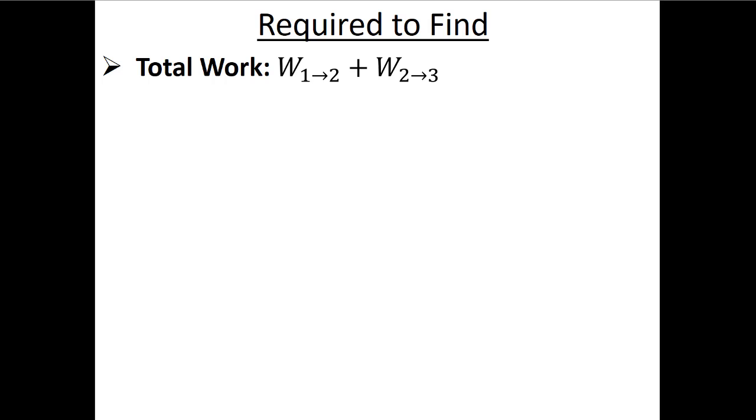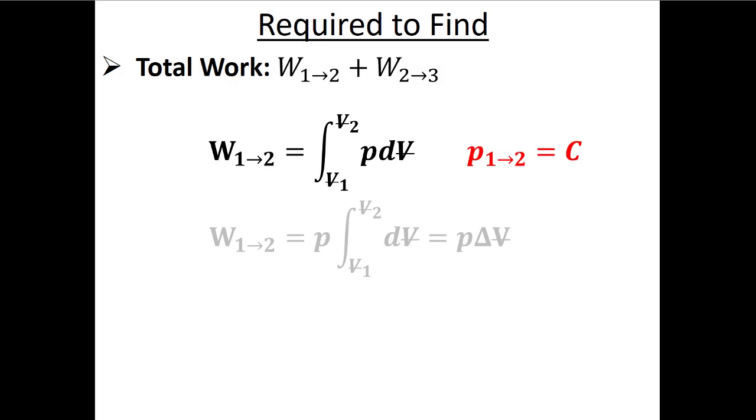So the first thing that it asked me to do is find the total work. So I know the total work is the sum of the work in the first process with the sum of the work in the second process. I know that to find work, I have to take the integral of P dV. In this case, it's the work from state 1 to state 2. So here, this is nice because I know the pressure is constant. So if the pressure is constant, it comes out of the integral.